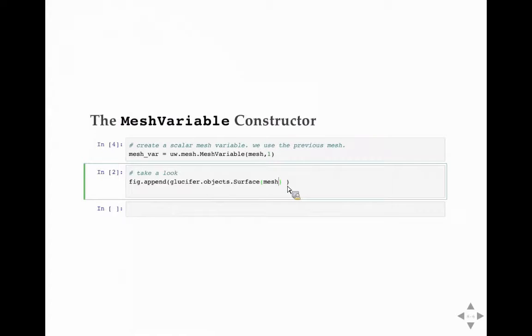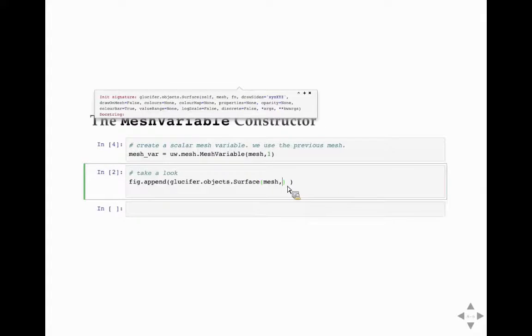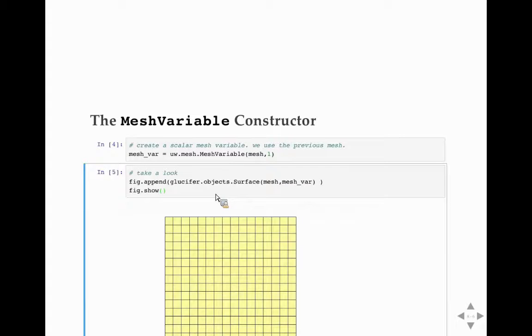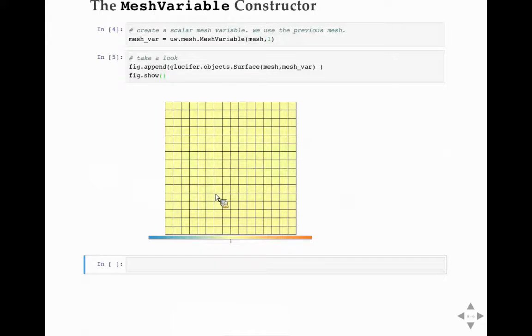So you have to pass in the mesh as the first argument, which is the object we just created, and also what function. We're going to come to function soon, but the mesh variable is itself a function. All right, and then we can do fig show. Not much to see. We haven't set anything on it yet, so it's just 0.